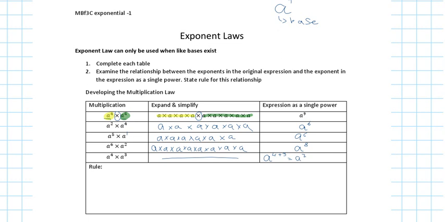So if I look at the one above it, a to the power of 6 times a to the power of 2, I keep my base, which is a, add 6 plus 2 gives me 8. The previous one, I keep the base the same, a, 5 plus 1 gives me 6. So I don't have to actually write it in expanded format because it takes a long time to do that.